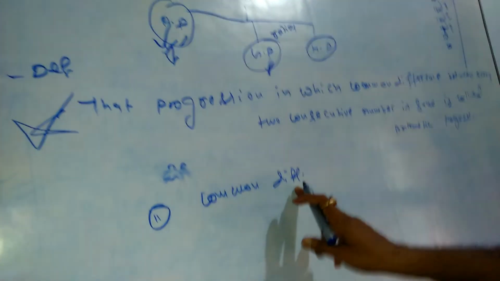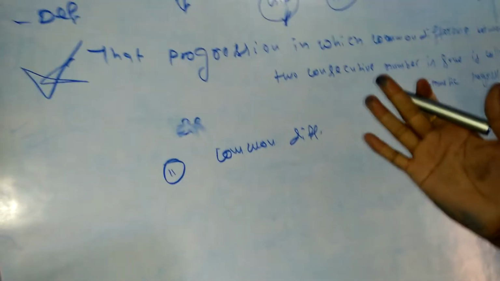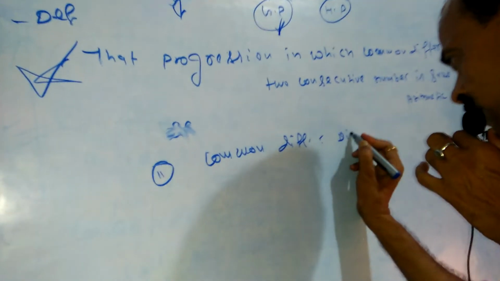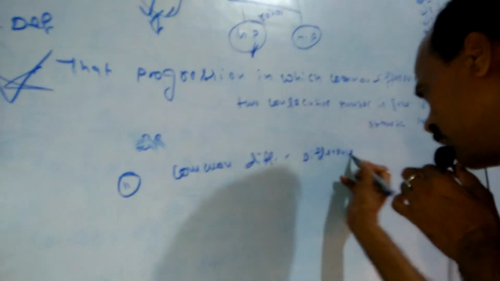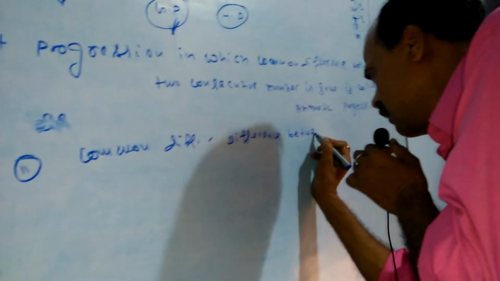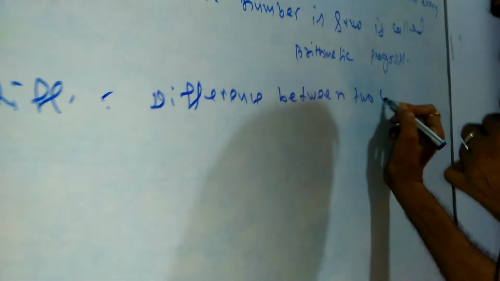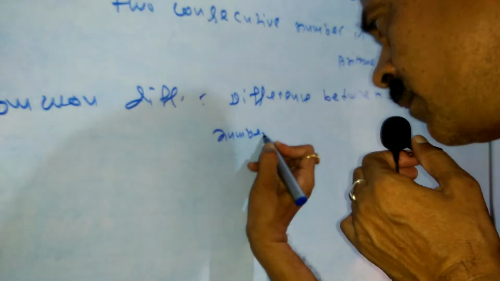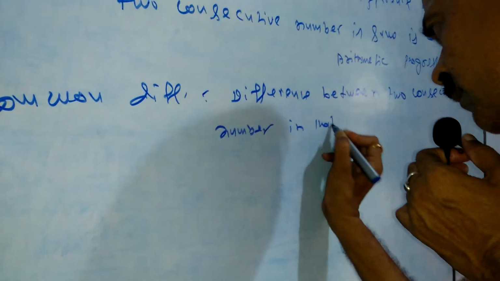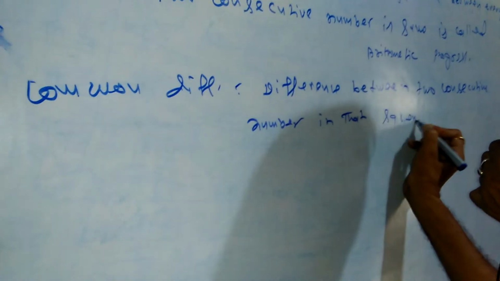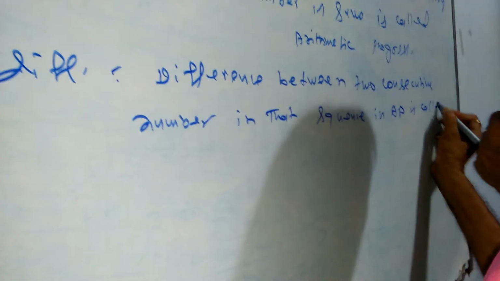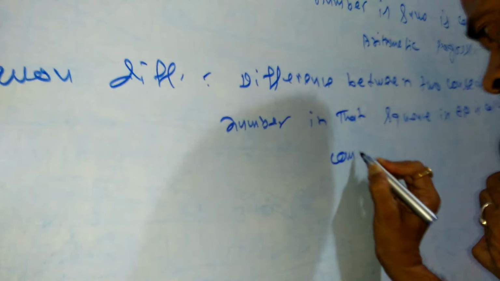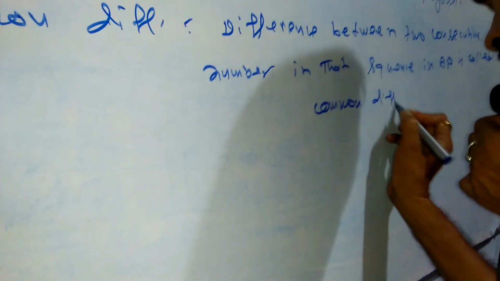But here, the common difference is very simple. It is the difference between two consecutive numbers in that sequence in an AP. That is called the common difference.